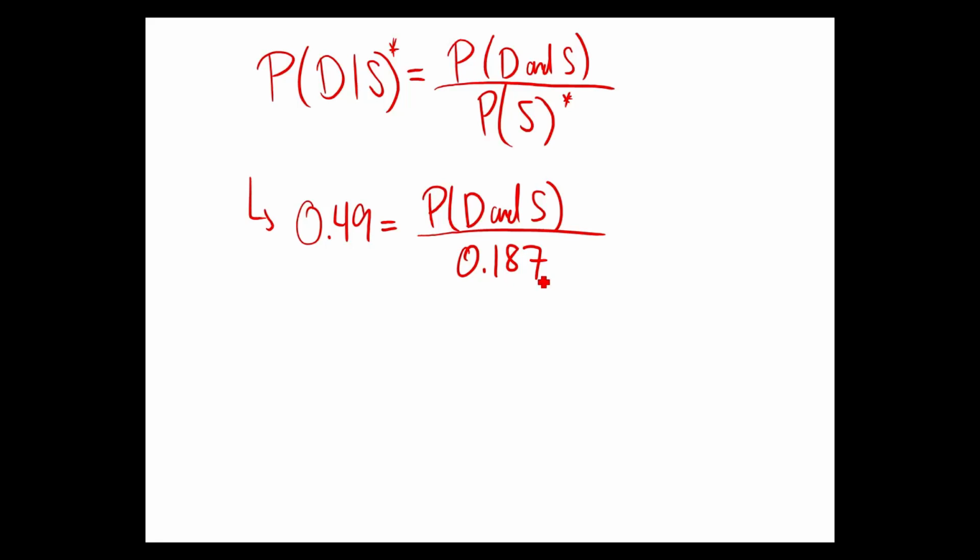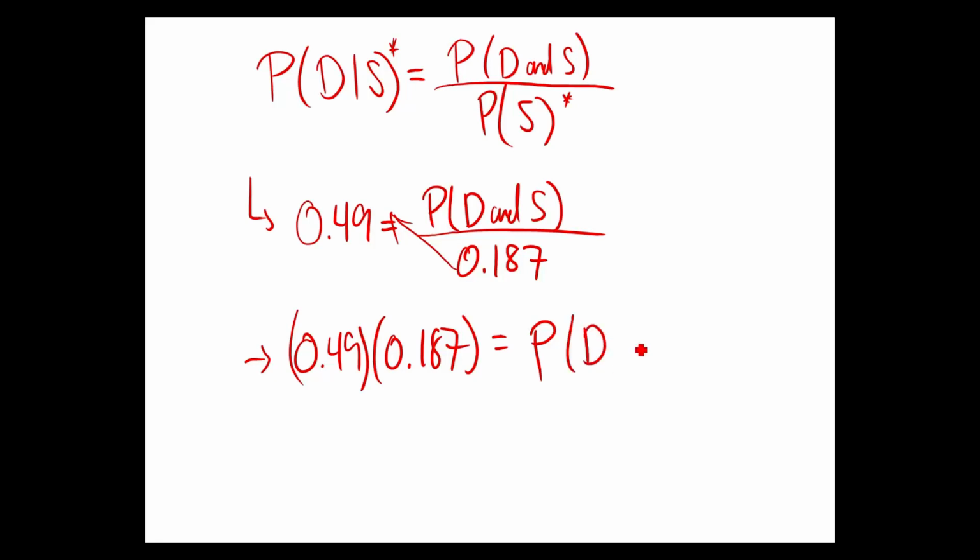So how do you solve for Democrat and senator at that point? You just multiply. And whatever that comes out to be, 0.092.